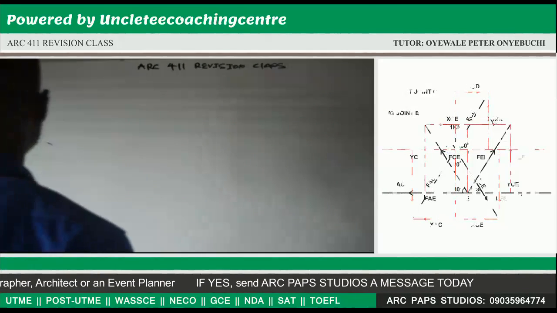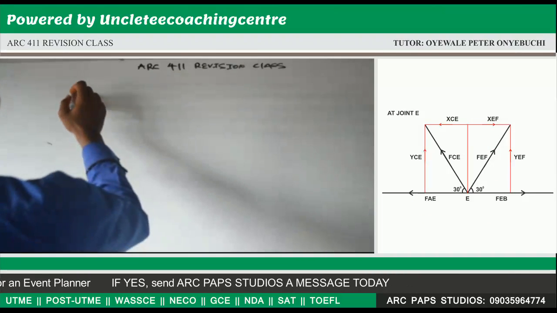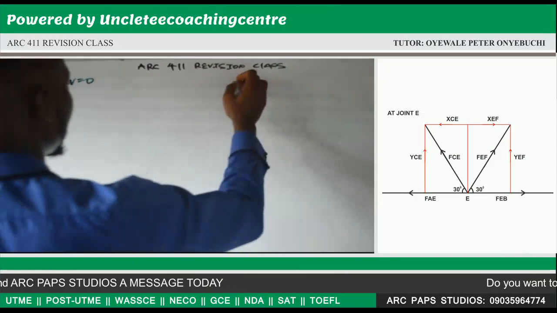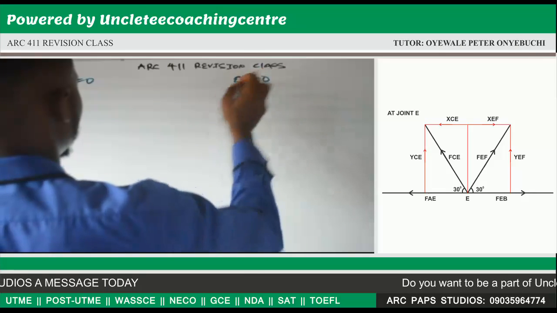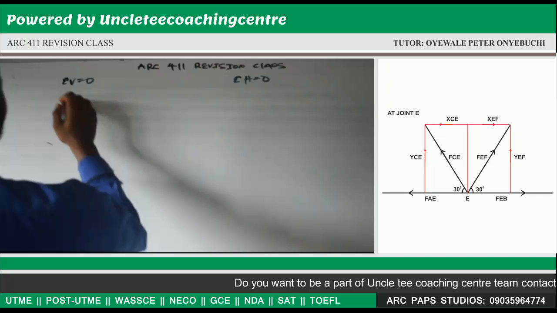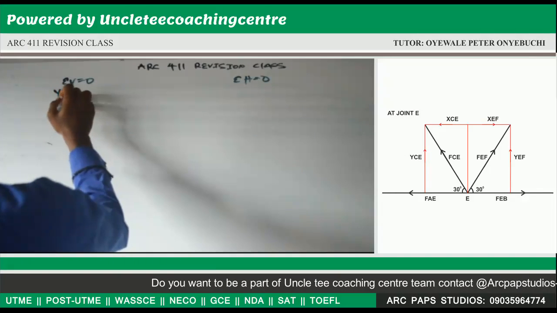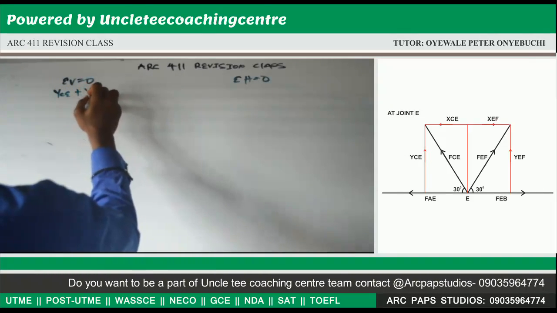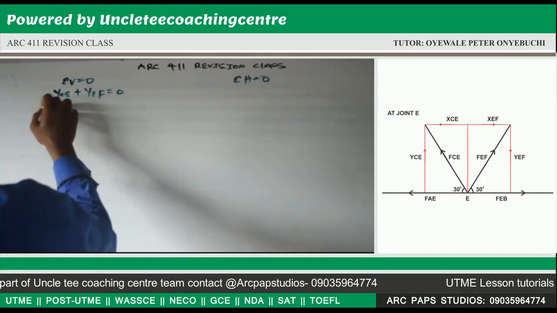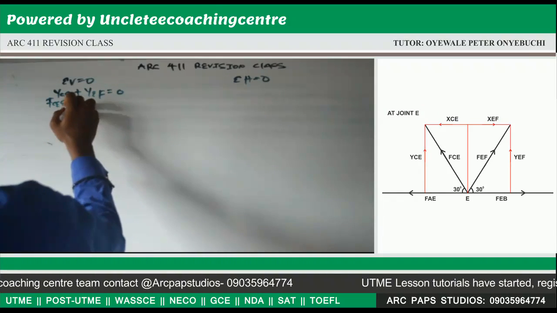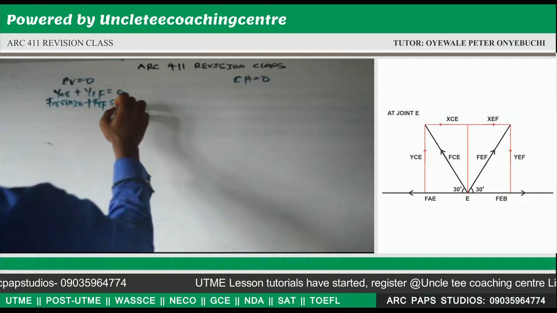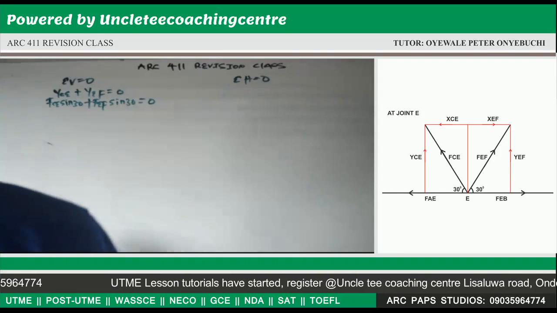Now going to our joint E. Summation of vertical forces is equal to 0. Summation of horizontal forces is equal to 0. Now vertical forces, that is YCE plus YEF is equal to 0. Now this gives us FCE sine 30 plus FEF sine 30 is equal to 0.